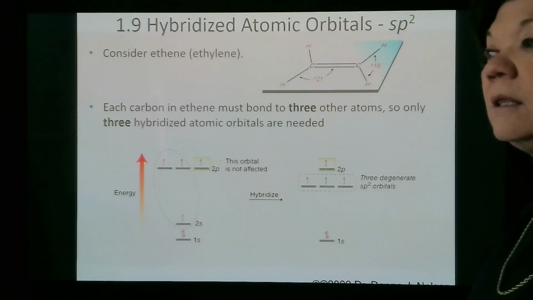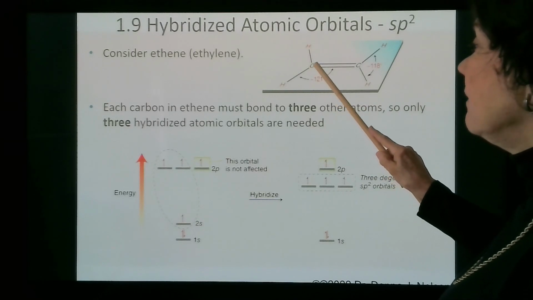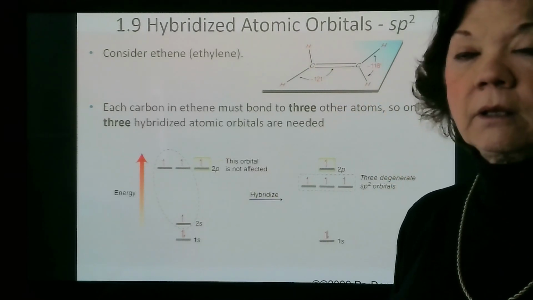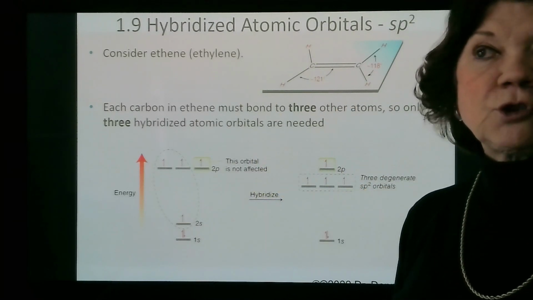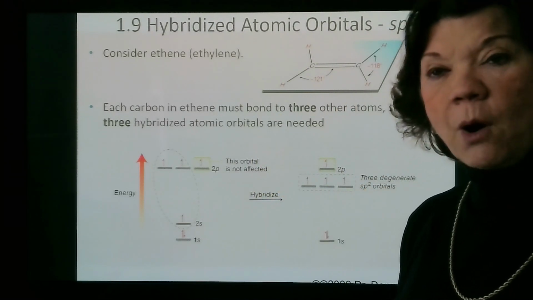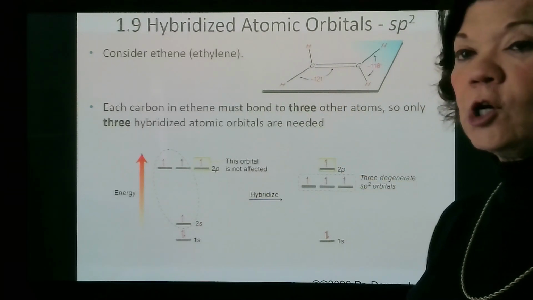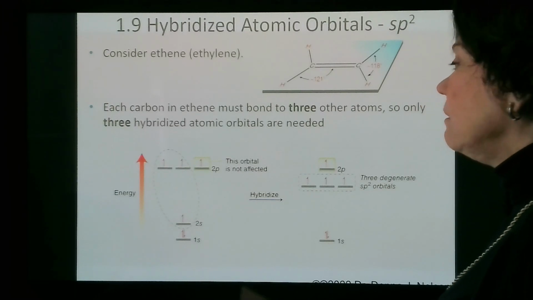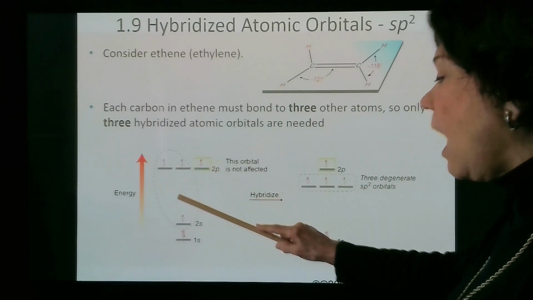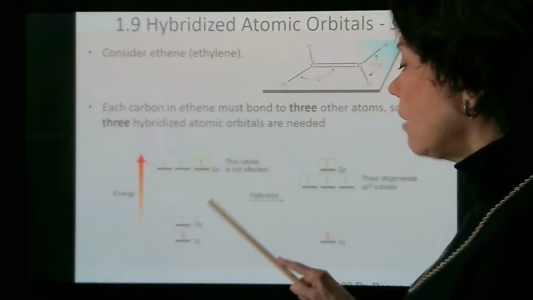Once again, they have electrons in them, and those bonds will arrange themselves so that they are as far apart from each other as possible, because electrons repel each other. They are negatively charged. And so we must, once again, hybridize the valence electrons, although not all of them.